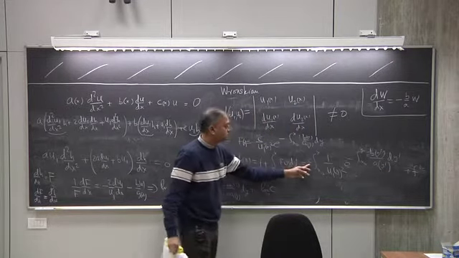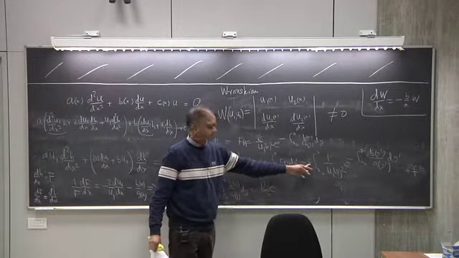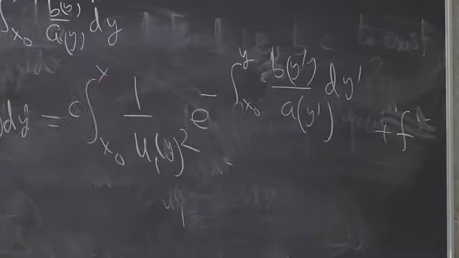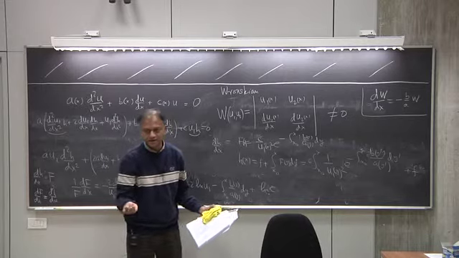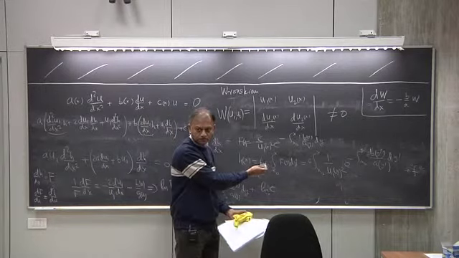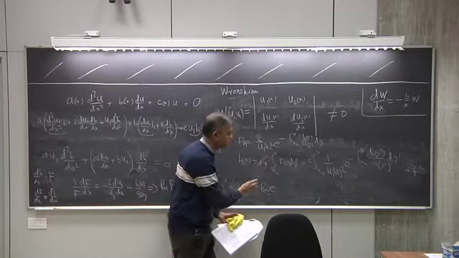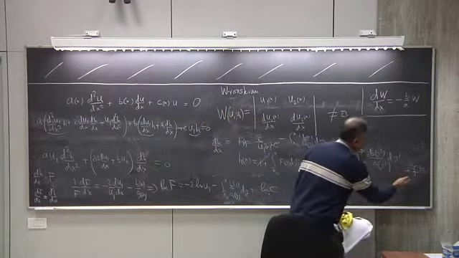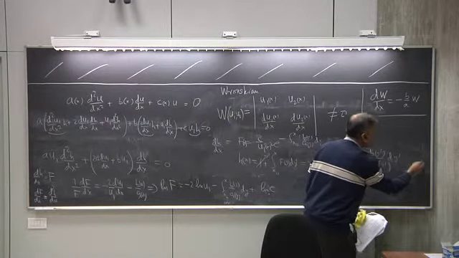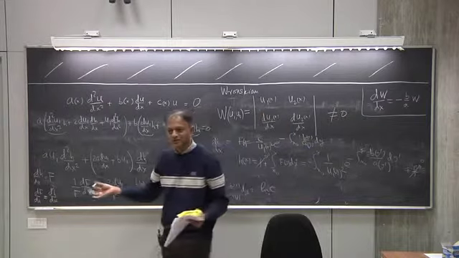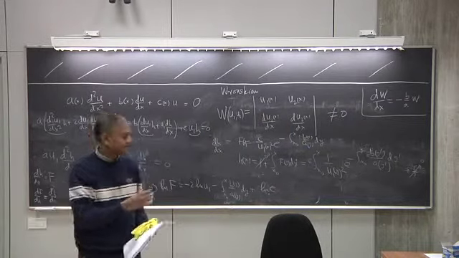And similarly, this constant is also irrelevant. This f doesn't give me any new information, so I might as well put f equal to 0. I can set this to 0 already, because when you multiply with u1, it just gives me back the first solution that we already had. So that's irrelevant.